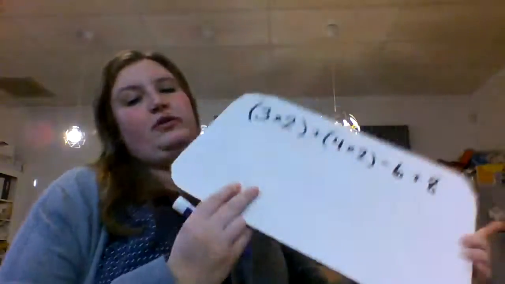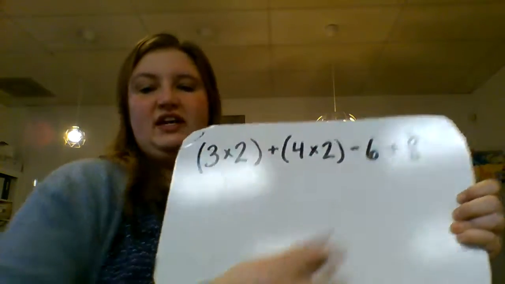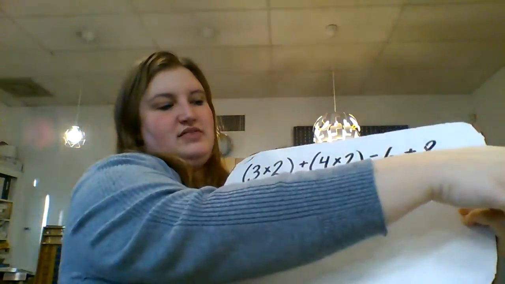Let's do 3 times 2 plus 4 times 2 minus 6 plus 8. Okay, so here we go. If we're remembering PEMDAS, the first thing I need to do is my parentheses.